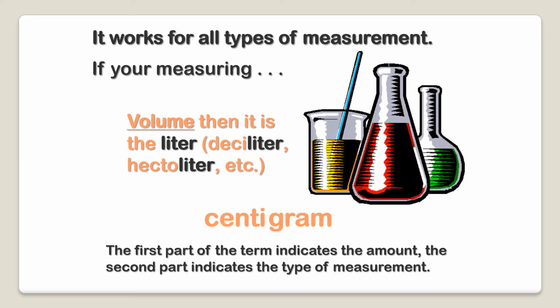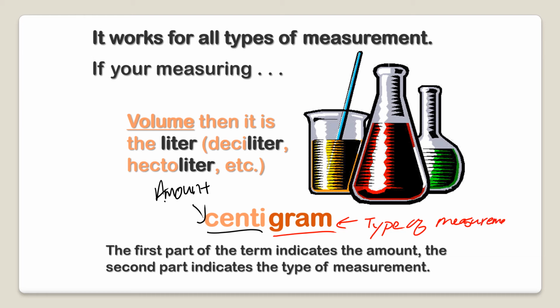So the first part of the term, right here, the centi, indicates the amount. The second part of the term, right here, the gram, indicates the type of measurement. So here we have the amount, and here we have the type of measurement.